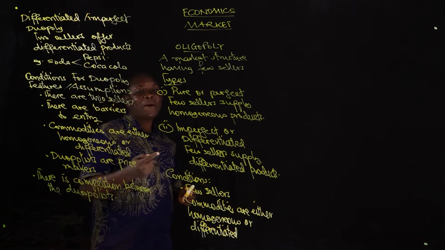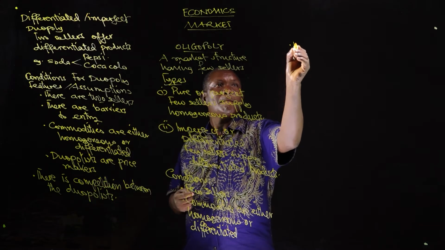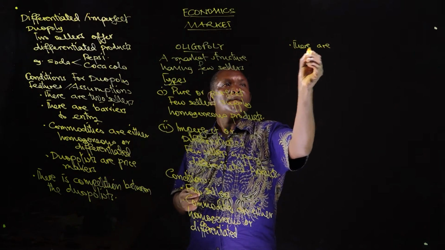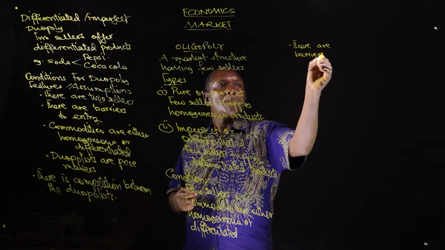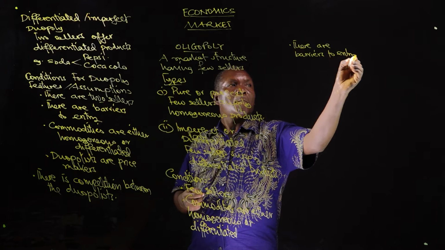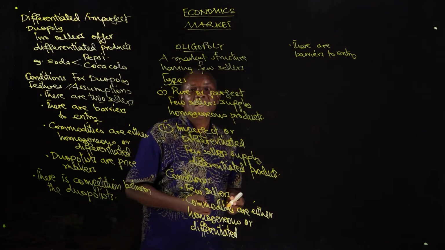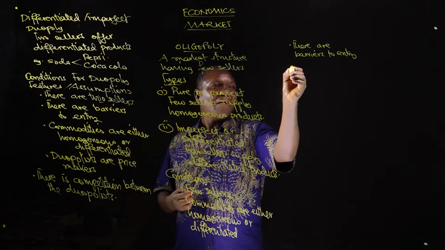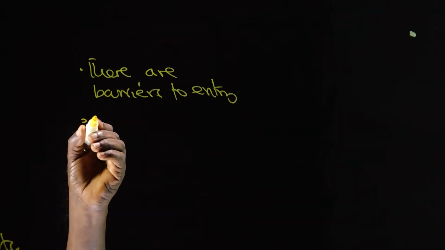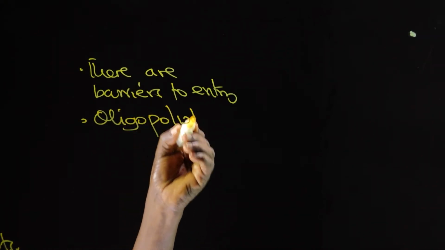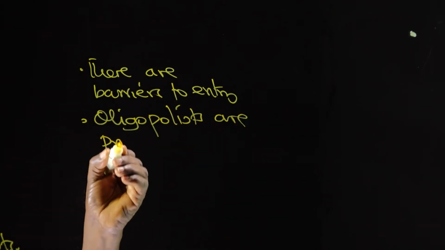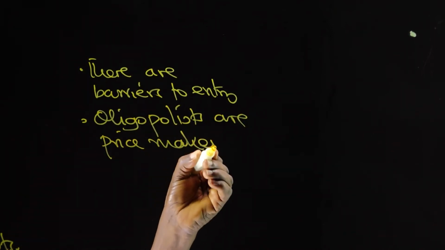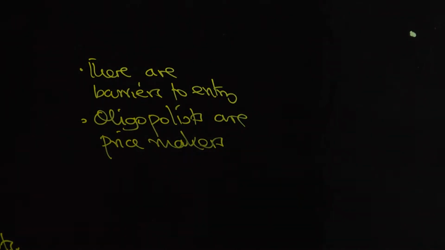Another condition is that there are barriers to entry. New firms are not free to enter the industry. Another one is that the few sellers have the power to dictate the price. So, oligopolists are price makers, have the power to dictate the price.